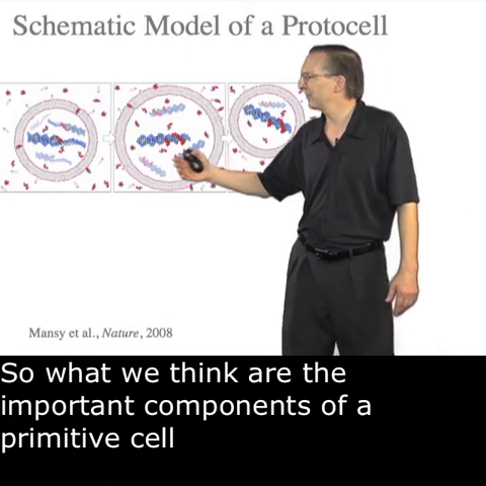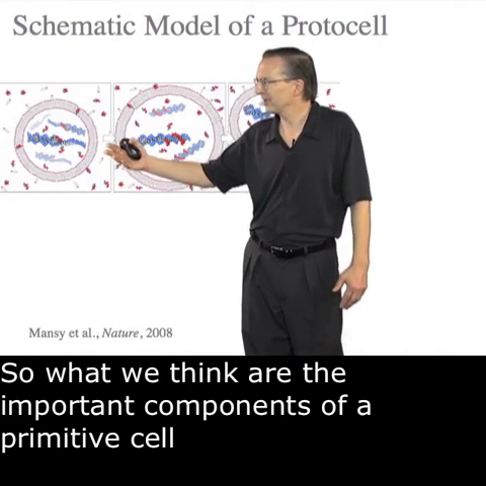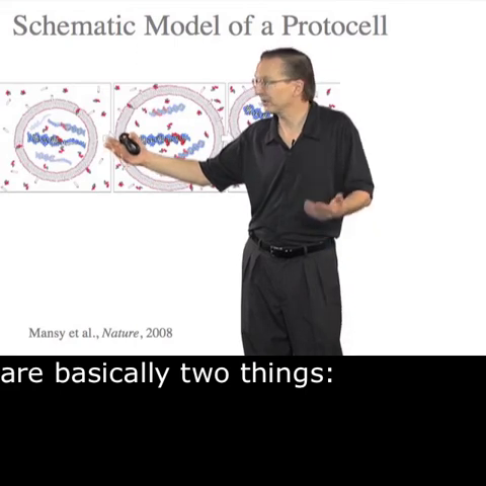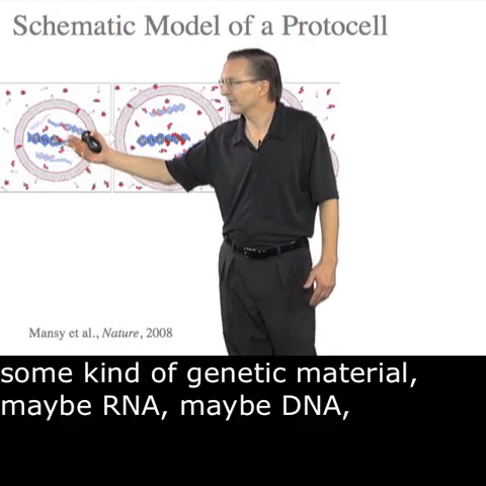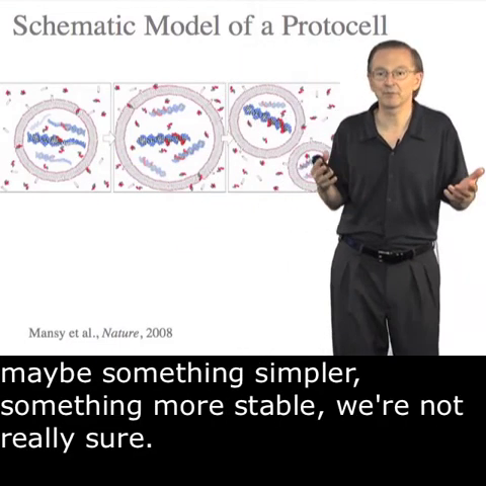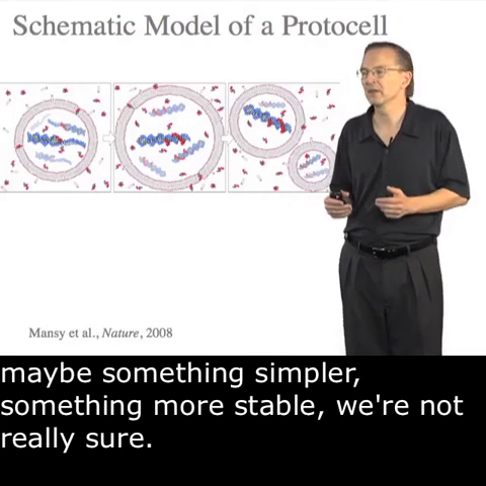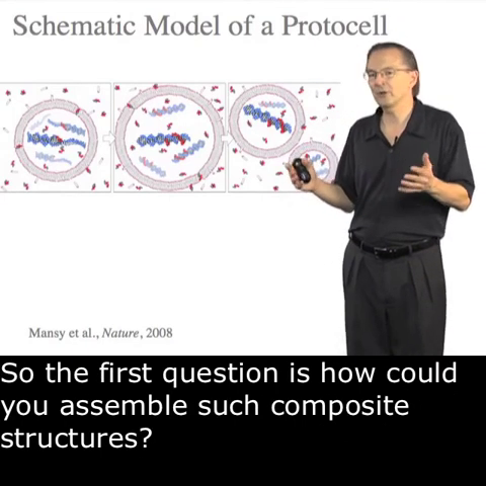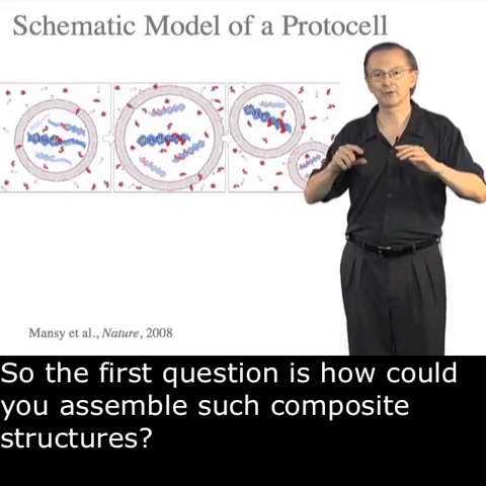What we think are the important components of a primitive cell are basically two things: a cell membrane, and inside some kind of genetic material, maybe RNA, maybe DNA, maybe something simpler, something more stable. We're not really sure.